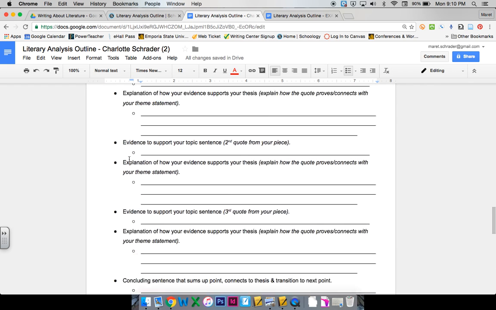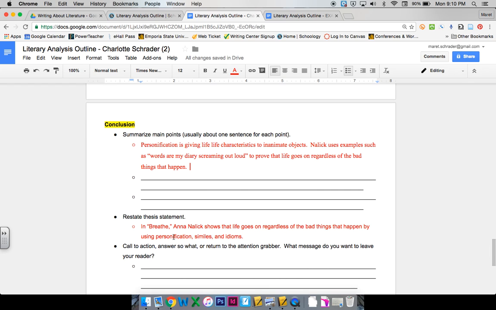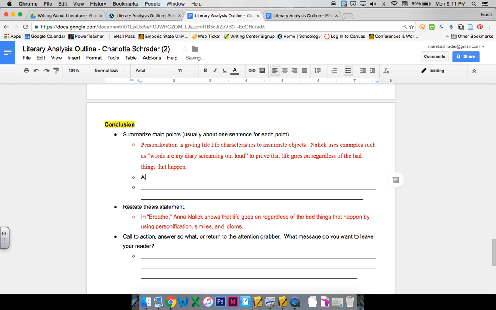So remember, if I look at my thesis statement, personification was thesis point 1, similes were thesis point 2, and idioms were thesis point 3. So this next one is going to be about, I'm going to summarize the similes paragraph. So Nalick also makes the connection of how life goes on. Might not say that because I just said that above.